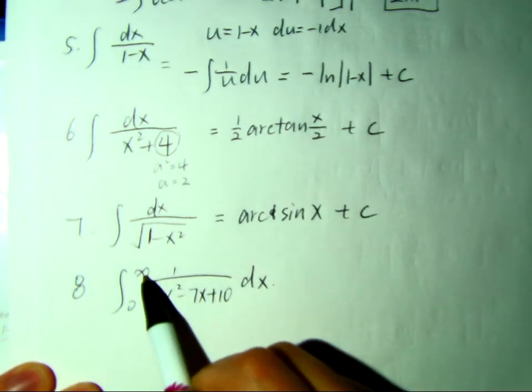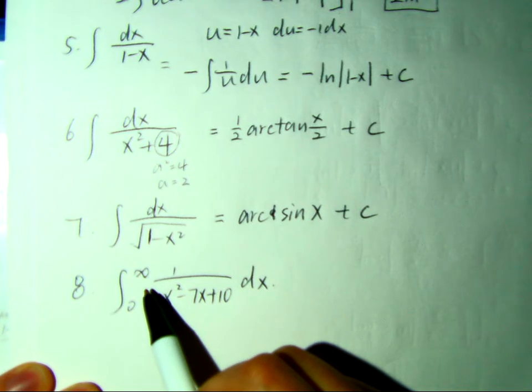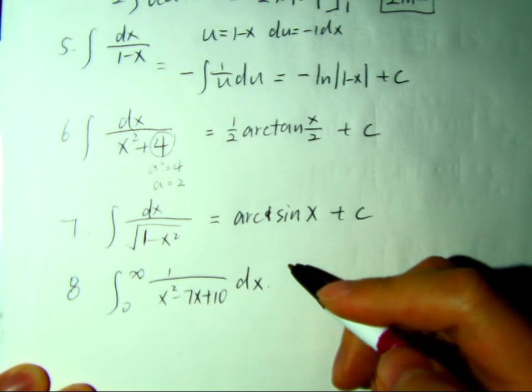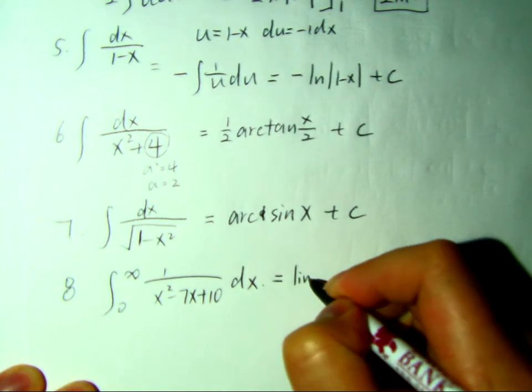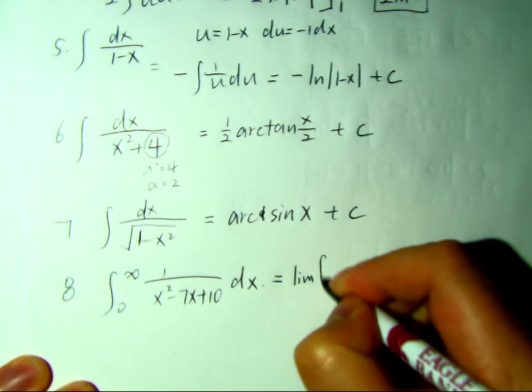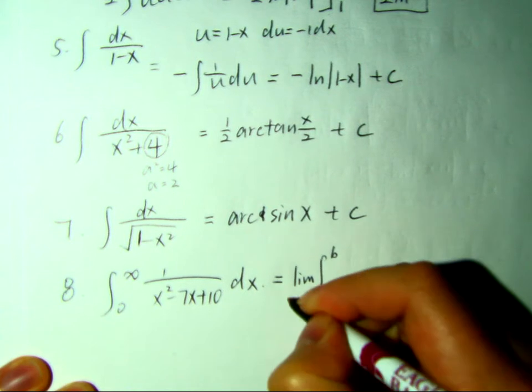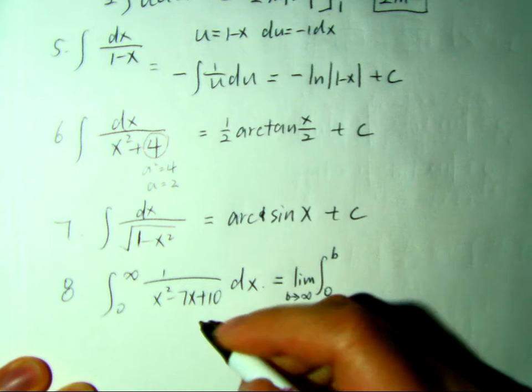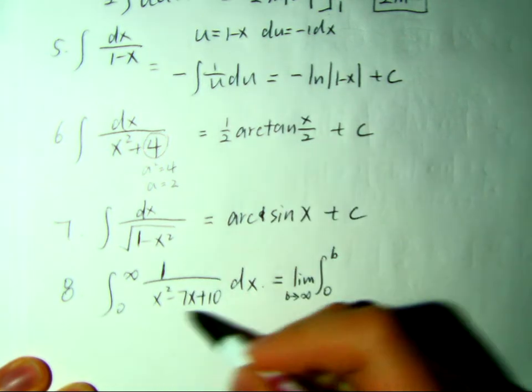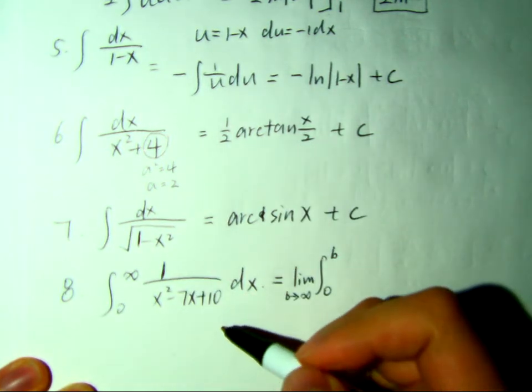This one has infinity on the limit. So this problem is going to be an improper integral. So we have to have a limit notation at the beginning. And the integral from 0 to b, and this b approaches infinity. And in this question, we have 1 over x squared minus 7x plus 10.